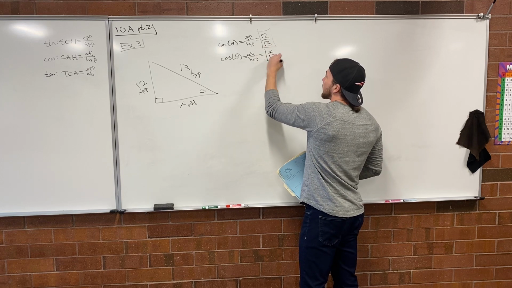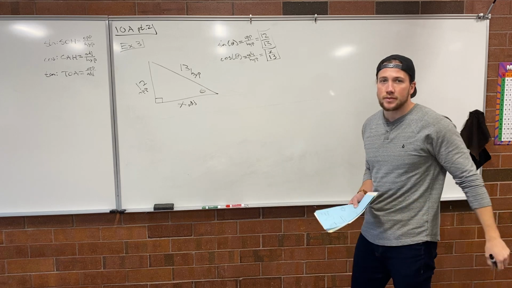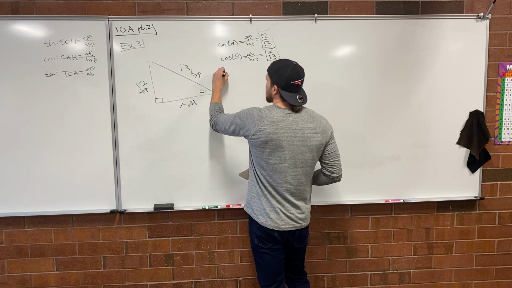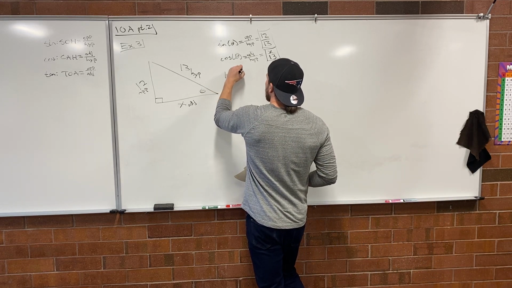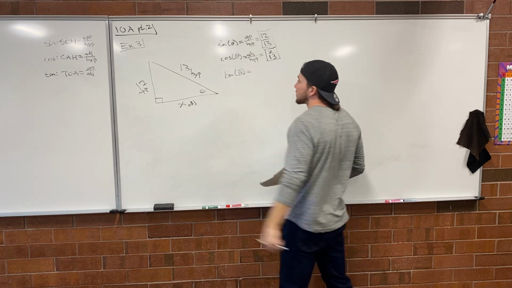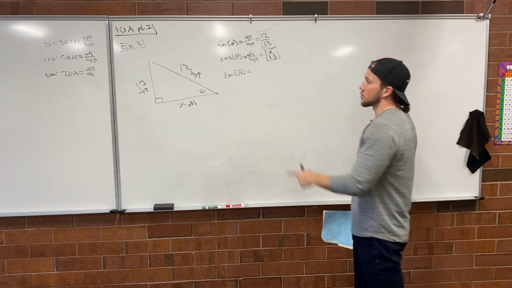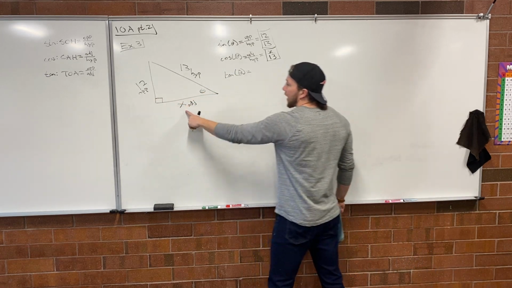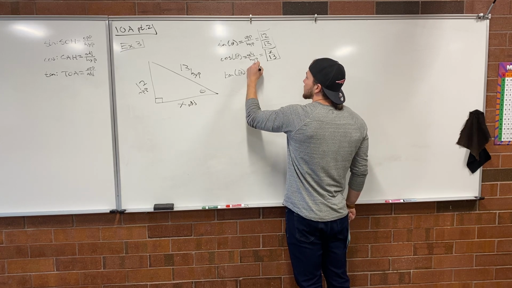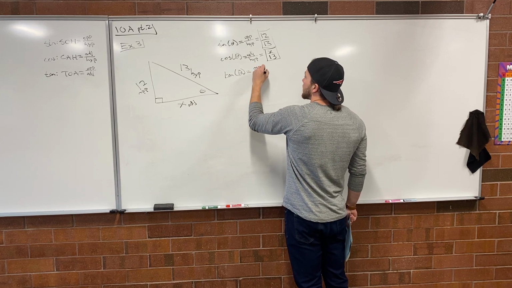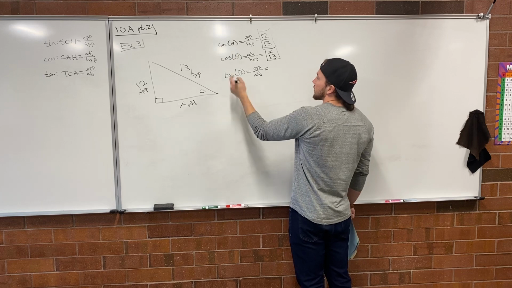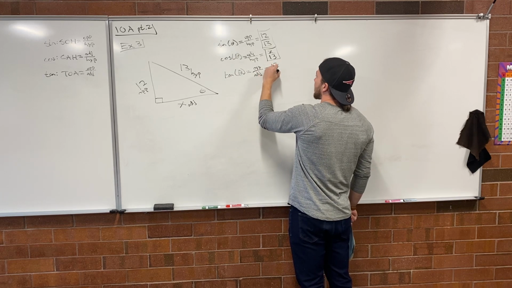X over 13. And that leaves us with tangent. Tangent of the angle theta equals opposite over adjacent. So 12 is our opposite, x is our adjacent, so that's going to be 12 divided by x.